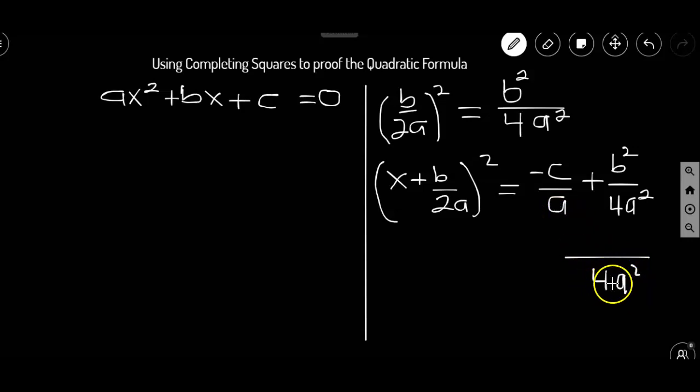So we look at here and realize that a goes in, leaving 4a. That leftover 4a, we multiply it by the numerator here, which is negative c, and that is the one that we have to write here. So we're going to get negative 4ac. You bring your operation sign, which is plus.